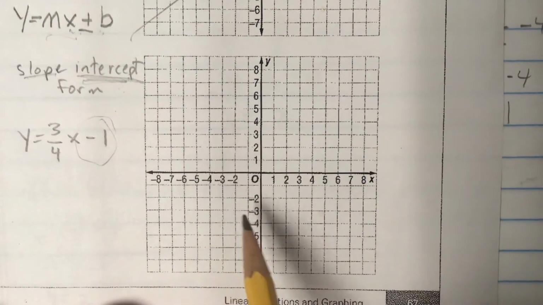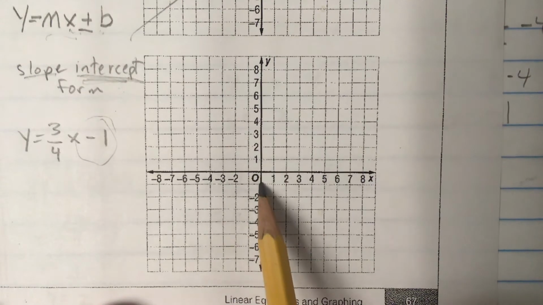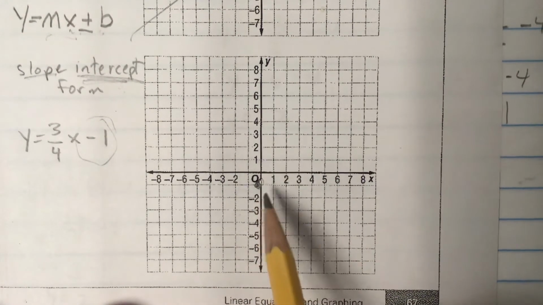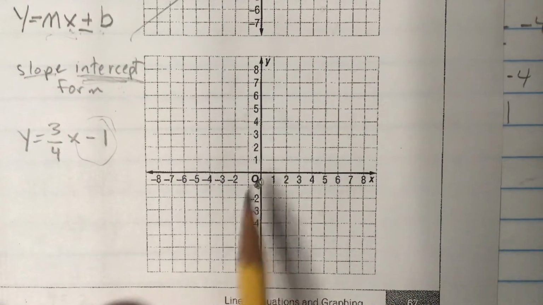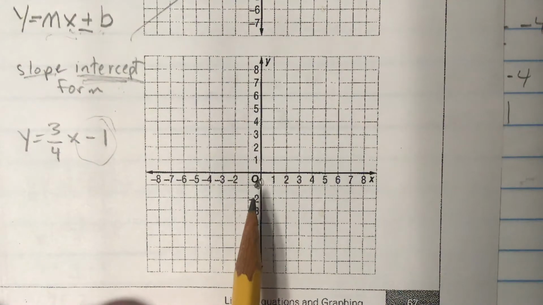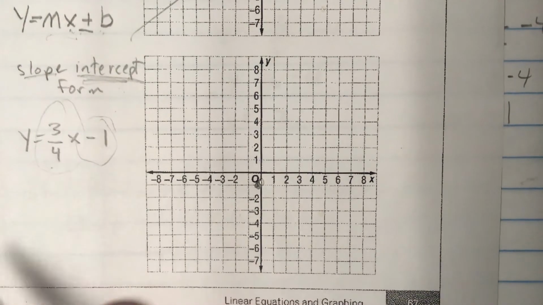So instantly I can look at this and go, okay, -1 on the y-line. That's right here. So I'm going to plot a point at -1 because it tells me that's where it crosses the y-line. Now, that's just a point. To make it a line, we have to look and see, what's the slope? How much does it rise and how much does it run?